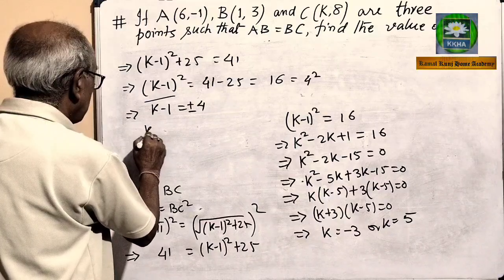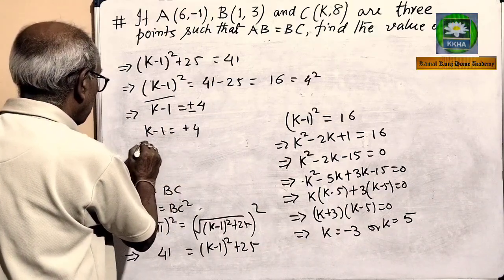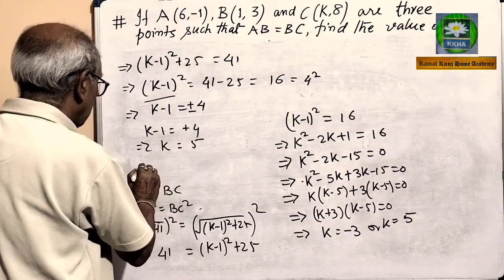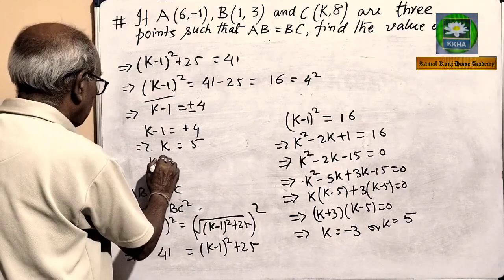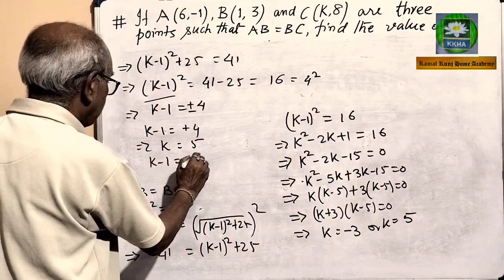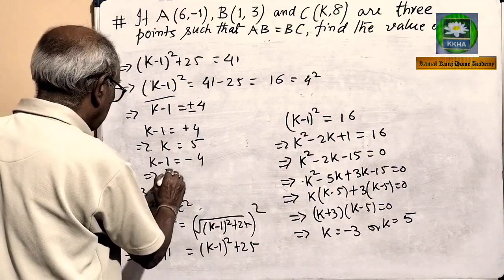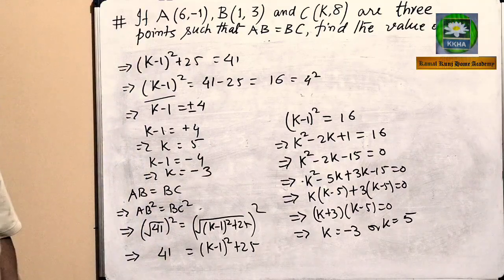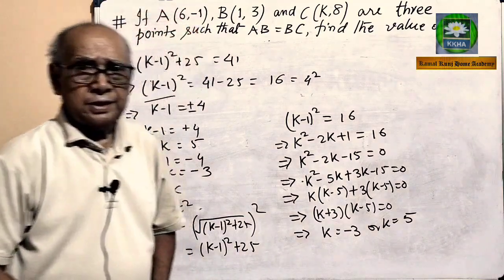If K minus 1 equals plus 4, this implies that K will be equal to 5. Now if K minus 1 equals minus 4, this implies that K will be equal to minus 3. So there will be two values of K, 5 or minus 3.